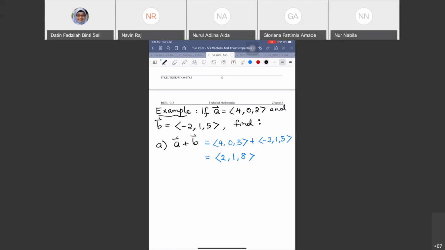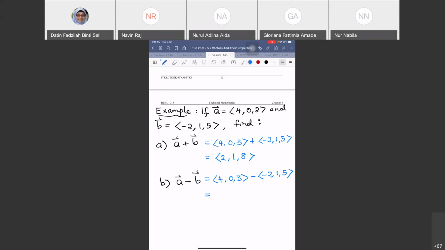Okay, let's do B. Vector A minus vector B. That means you want to subtract minus 2, 1, 5 from 4, 0, 3.